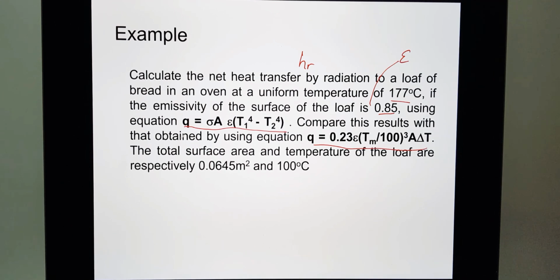Compare this result with that obtained by using the equation Q equals 0.23 epsilon times (Tm over 100) to the power of 3 times A delta T. The total surface area and temperature of the loaf are respectively 0.0645 square meters and 100 degrees Celsius.